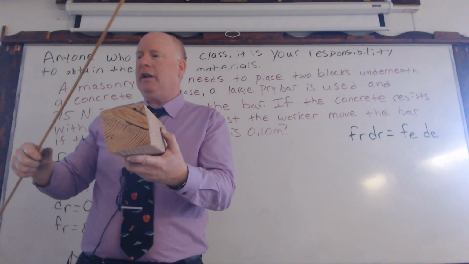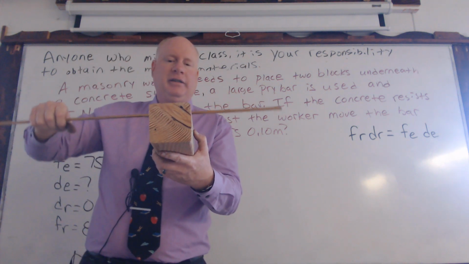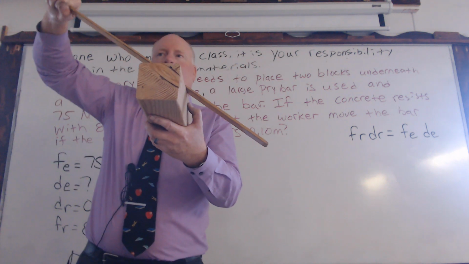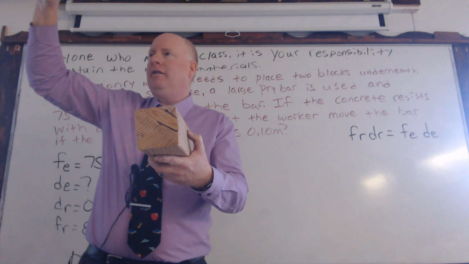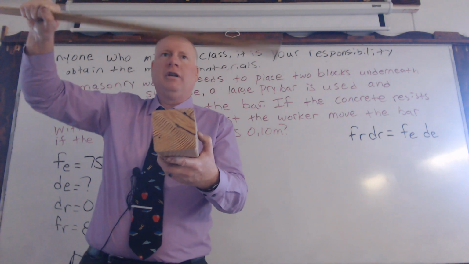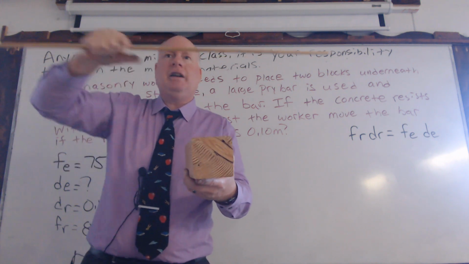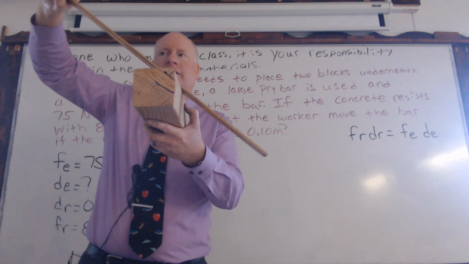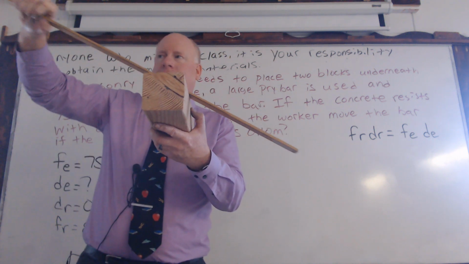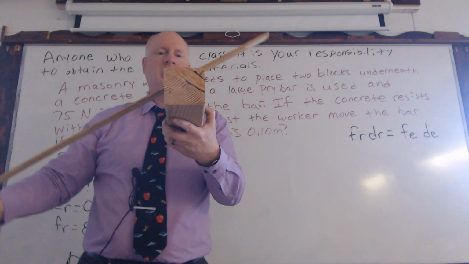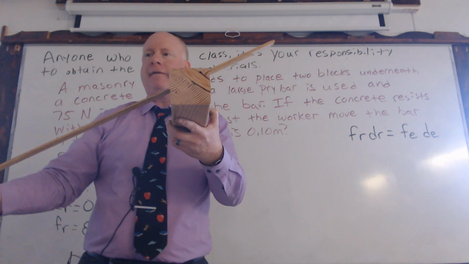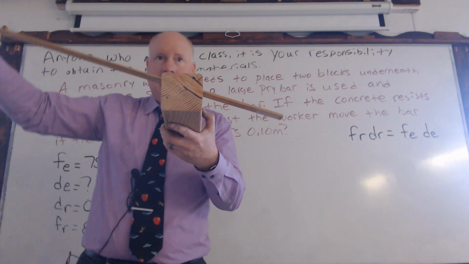So one of the things that we see happening is which side moves the greater distance? This side or this side? The east side or the west side? Which one moves the greater distance? Certainly this side. So that must mean we're putting way more effort into that, which we are.